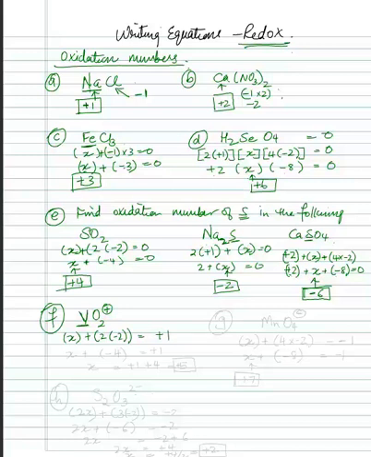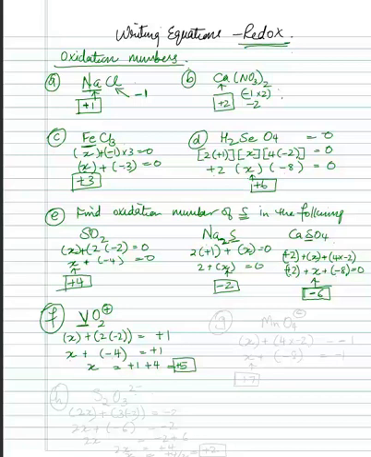Previously it was 0, but now it should be +1. So x plus -4 is equal to +1. Now you can do it algebraically if you want to. So x is equal to +1, and if you take the -4 to the other side, then it is +4, which gives +5. Okay, so that is your final answer. Or you could just do it on the left hand side and see what number you need for x to add to -4 to get +1 at the end.